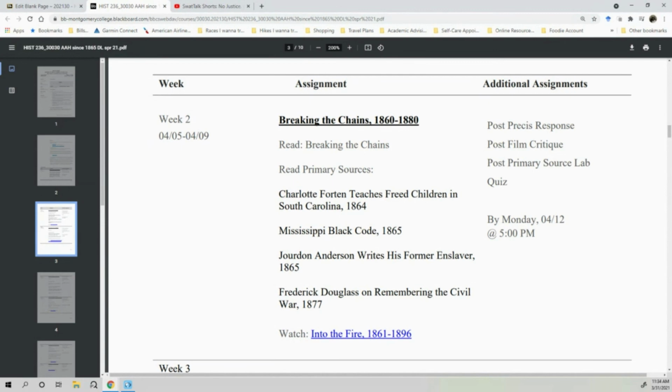It could be a photograph of someone in 1863. It could be a song that was written during the Civil War. It could be an artifact. It could be a weapon from the war. It could be a dress worn from the war. Journal entries. So those are primary sources.